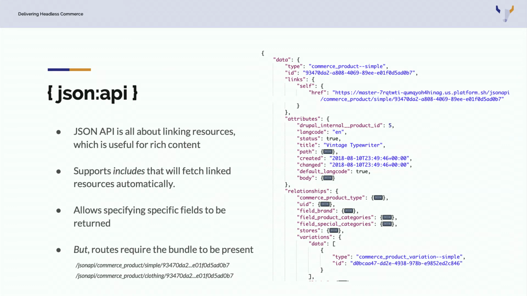But again, the routes require the bundle to be present. I have a little footnote there. If you have a product ID, you need to know if it's a simple product or a clothing product or an ebook or a physical book. We're working actively with the JSON API team to resolve this. Wim Leers and Gabe are very engaged with myself to help find out how we can work around these.